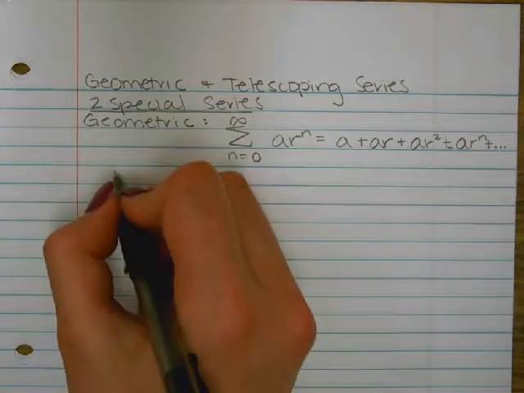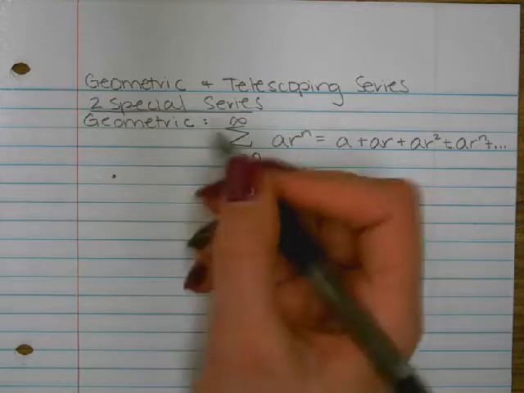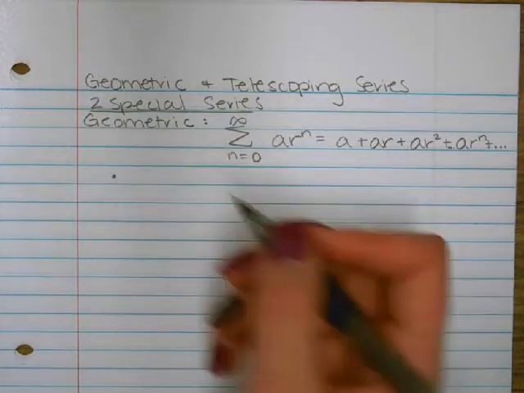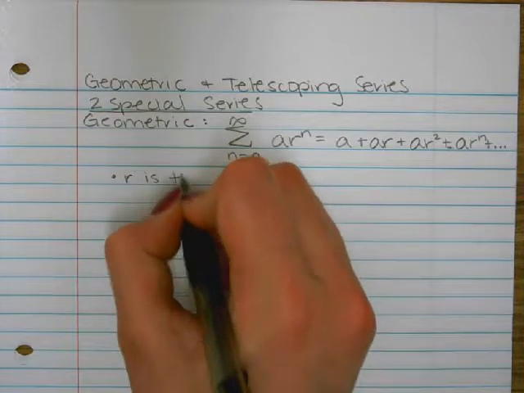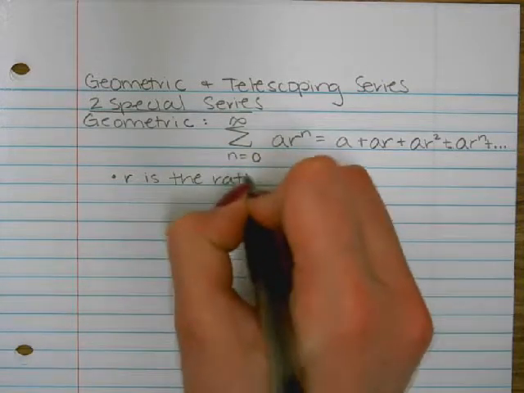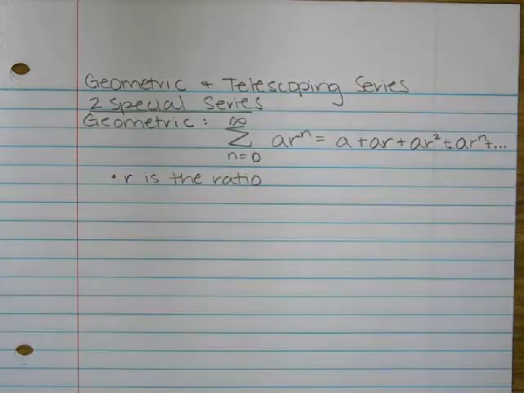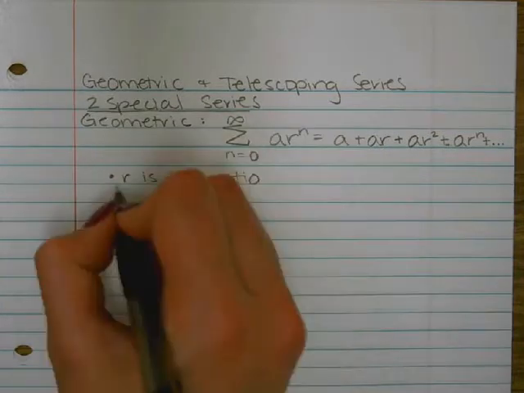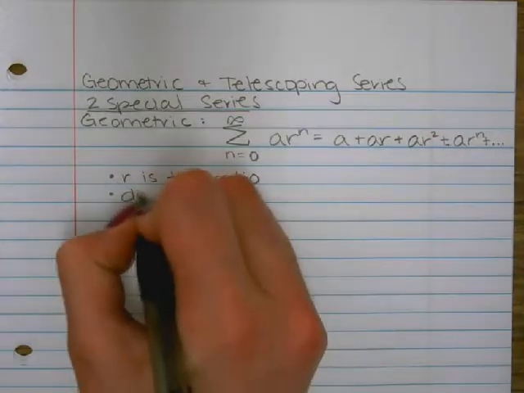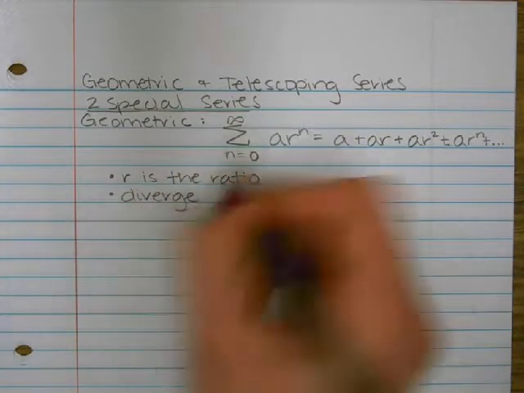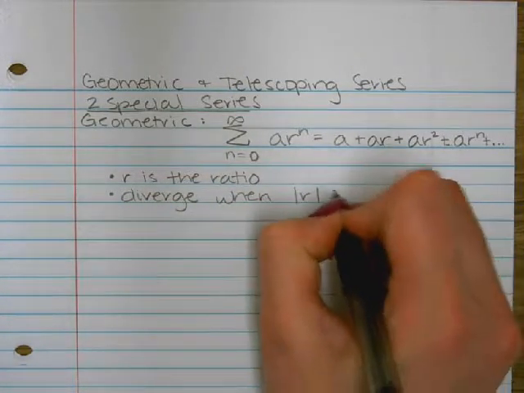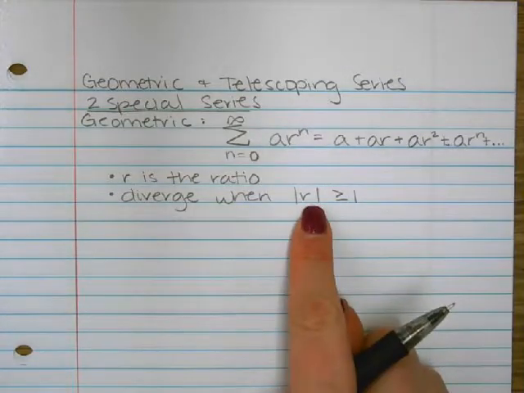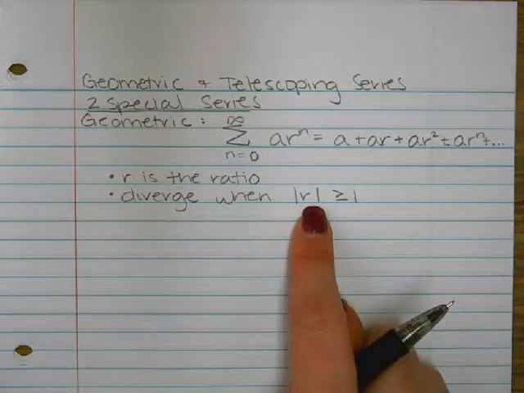So here, just to make sure that we remember everything about geometric series or sequences, r is the ratio, or the common ratio. And if that word doesn't make a lot of sense to you in this situation, you could say it's the number that you're multiplying by each time. These series diverge when the absolute value of r is greater than or equal to 1, and it could be the positive version or the negative version, it doesn't matter.